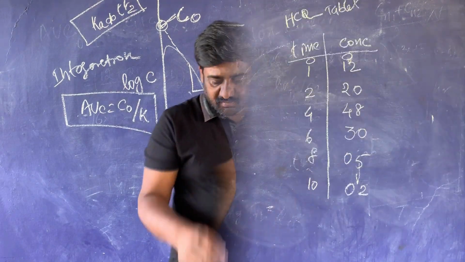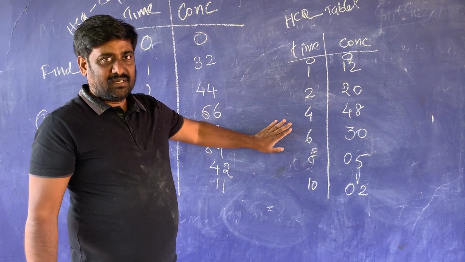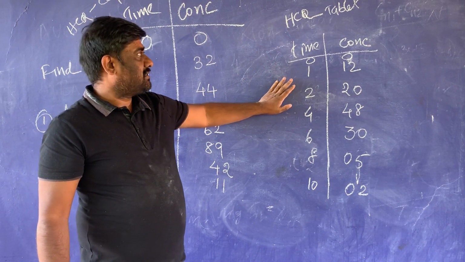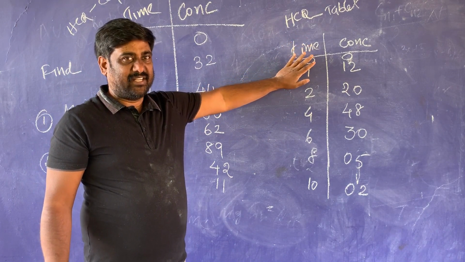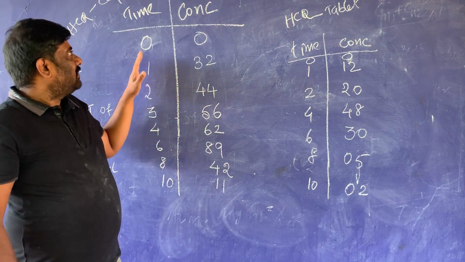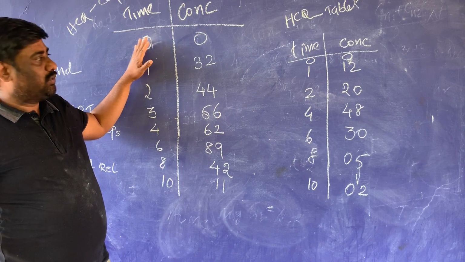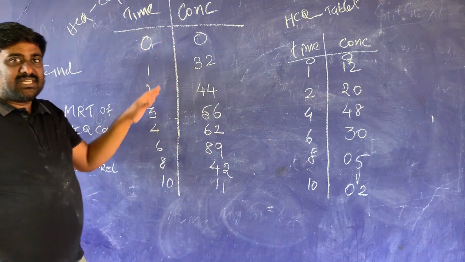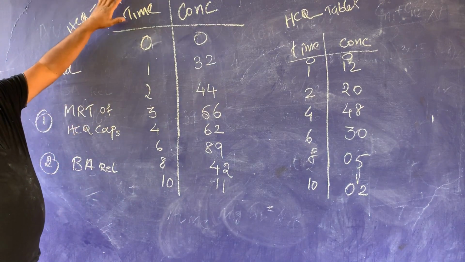Thank you. Okay students, now we finished one set. For example, keep this as the hydroxychloroquine tablet. I explained that, and now I am giving another reading. For example, this is the hydroxychloroquine capsule. Now your work is to check completely the MRT of the hydroxychloroquine capsule.